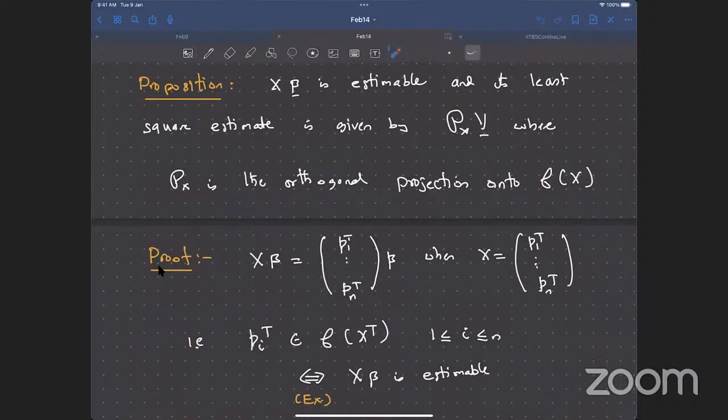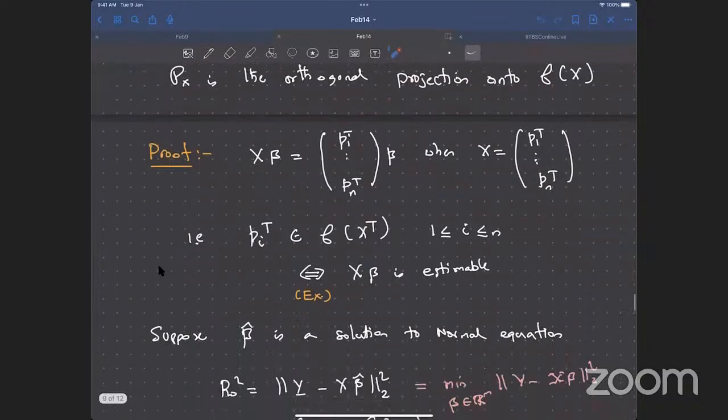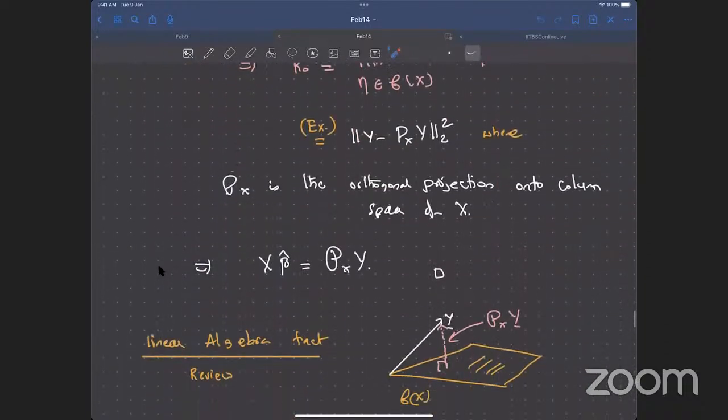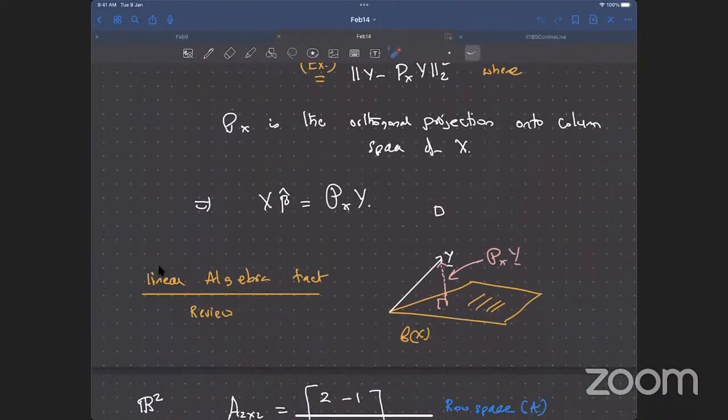I just wanted to say that it's given by the orthogonal projection. That's just a fact in linear algebra. The idea is, look at this picture: you have the column space of X, that's where P lies in some sense. And you have a vector Y. If Y is equal to X beta, then Y minus X beta is 0.